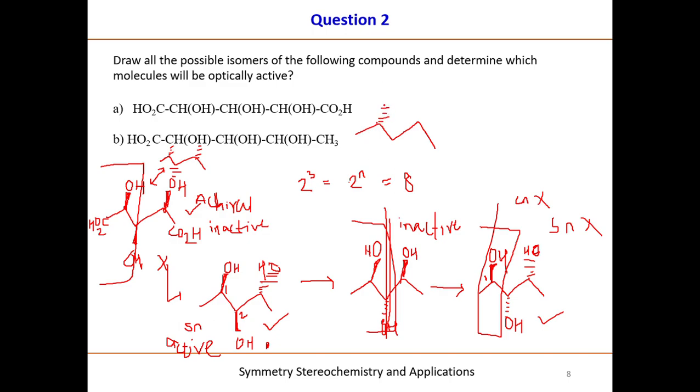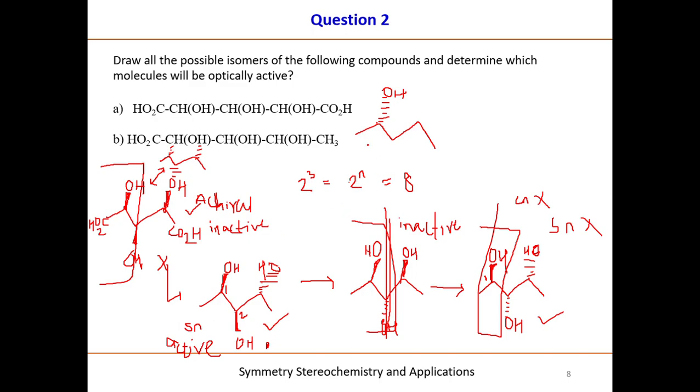In the other four isomers, two will be optically active and two will be optically inactive. So I am drawing the optically active one. You just have to interchange the stereochemistry, by interchanging the wedge OH group with the dash OH group.